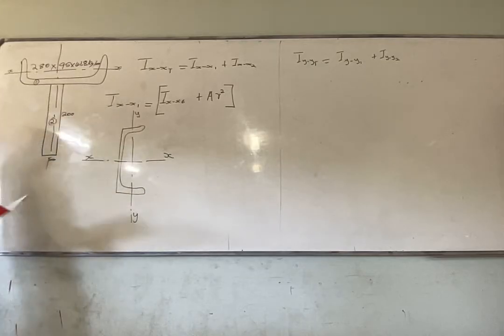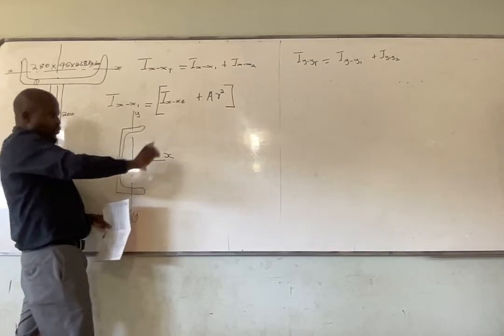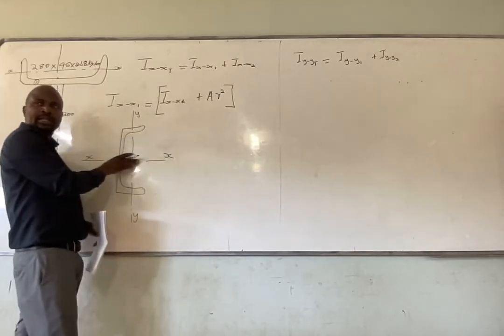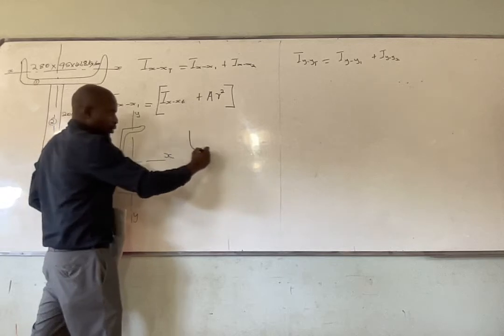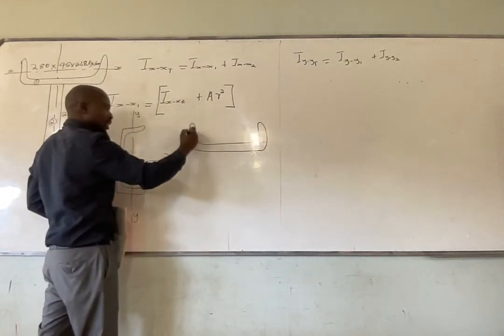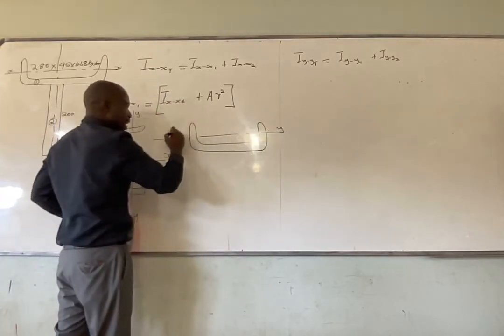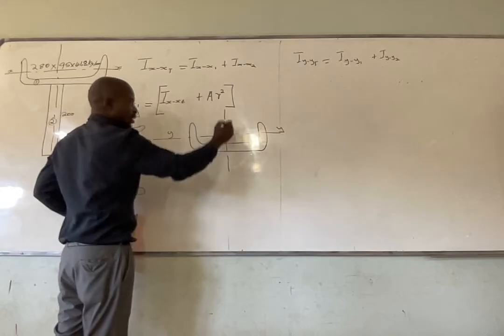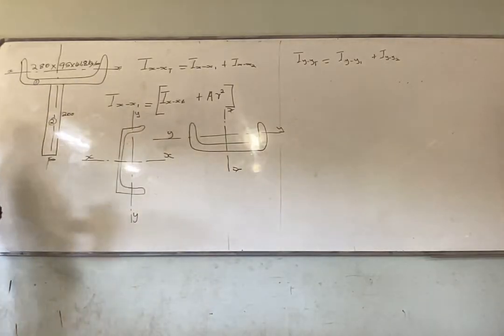Yes, XX corresponds with YY. In another word, if we take this one from the structural steel table and put it in the same manner in which our question is placed, it will be like this: Y, Y, X, X. We just rotated this one. You get that part?